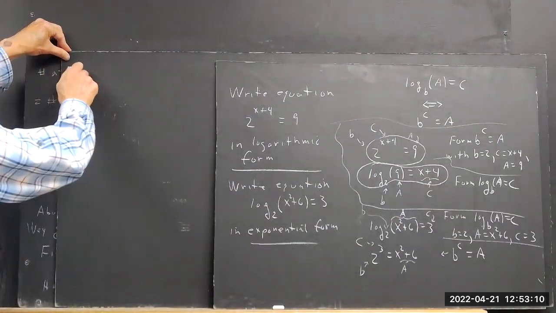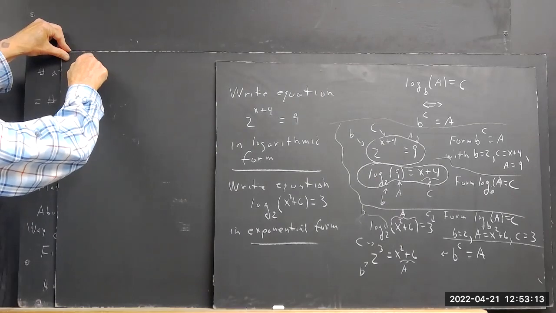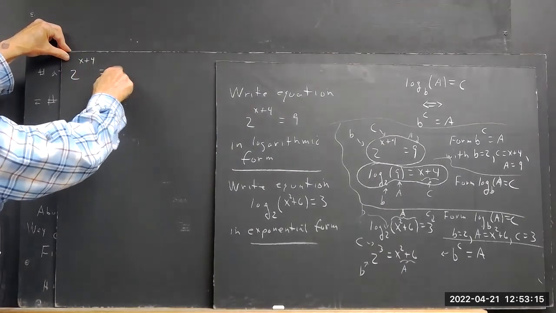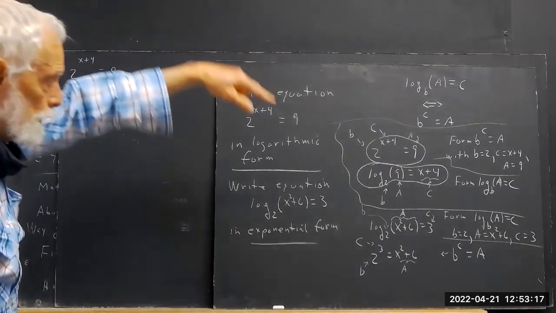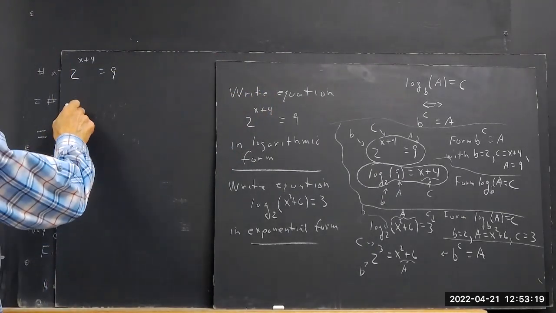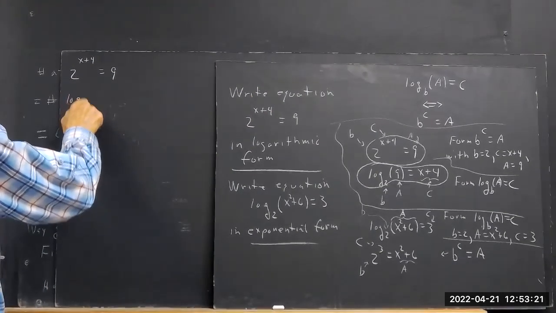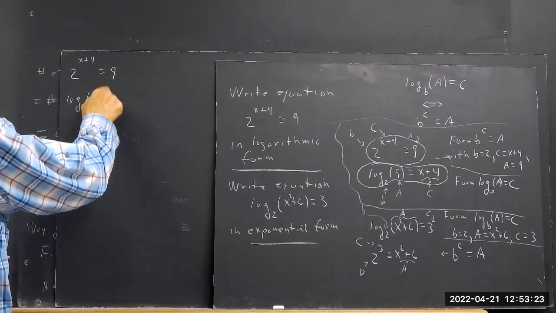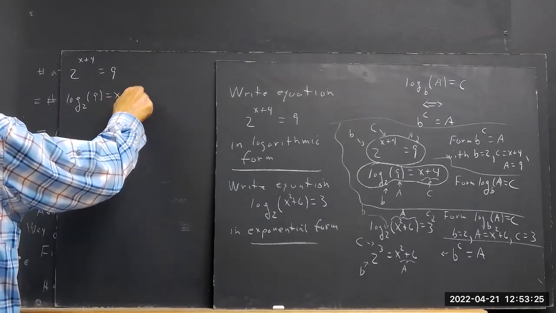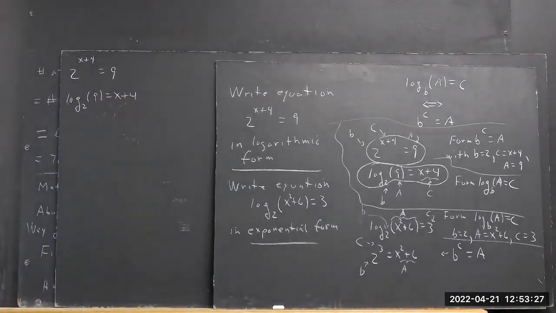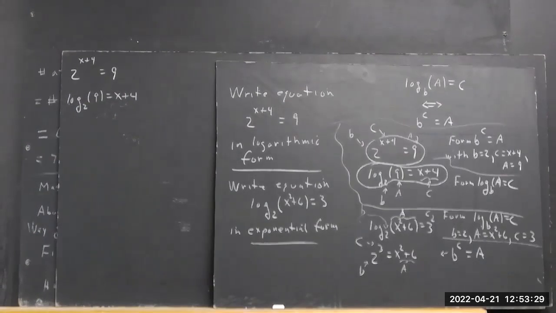Okay, so we got the equation 2 to the x plus 4 equals 9. Using our equivalents, we can write that as log base 2 of 9 equals x plus 4. What do we have to do to solve this equation for x?